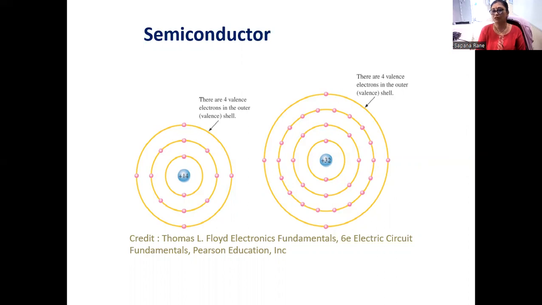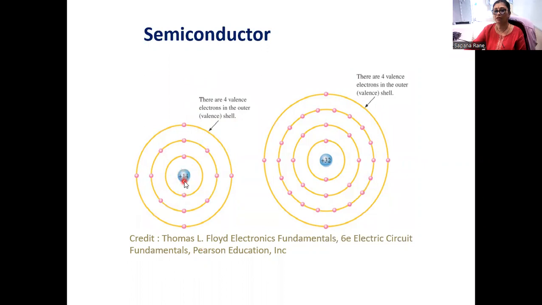Now, on the screen, you can observe 2 atoms. One atom corresponds to silicon. The atomic number of silicon is 14. So here you can observe the atomic structure and electronic configuration.